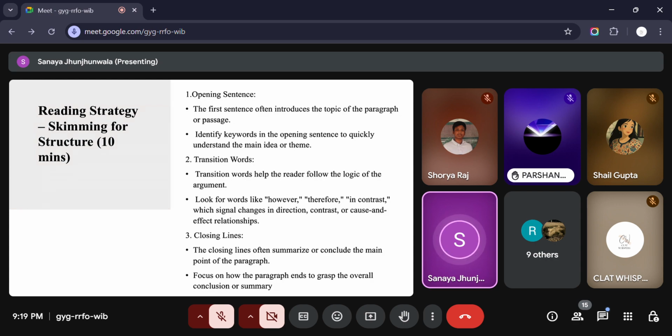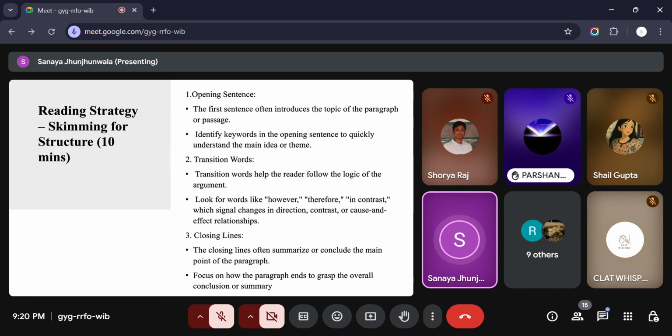Basically, the author is trying to make another point, or the author is trying to divert away from that point, or the author is trying to signify a cause effect relationship, that this has happened because of this. And then closing lines. Closing lines often summarize or conclude the main point of the paragraph. Focus on how the paragraph ends to grasp the overall conclusion or summary. But it can be that the last sentence encapsulates everything that has been said in the passage, or maybe it is not saying anything.